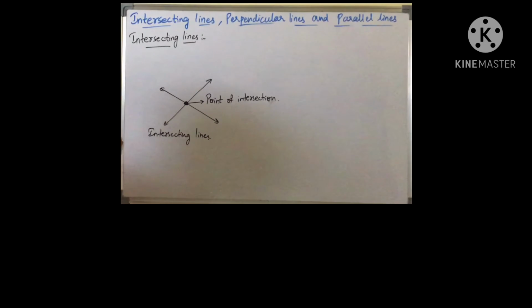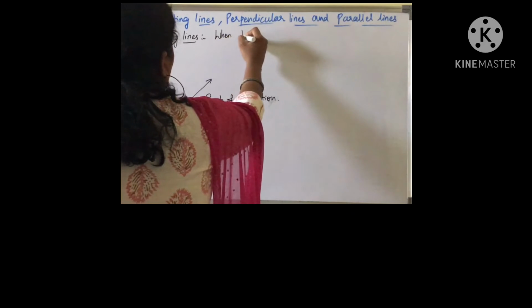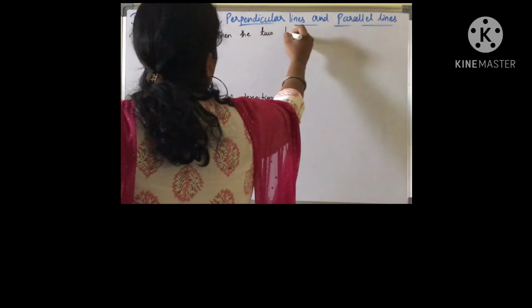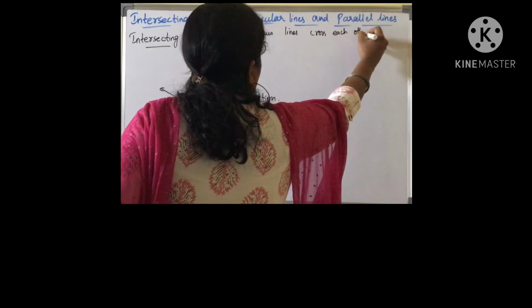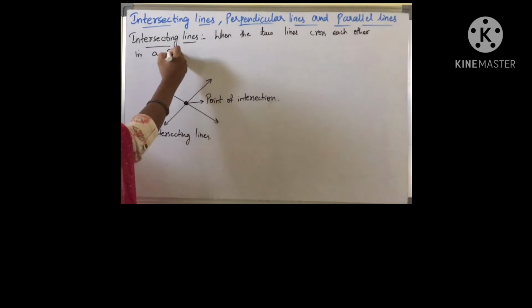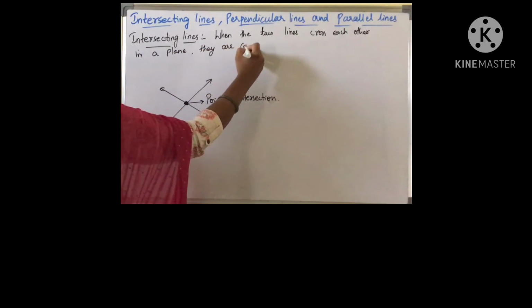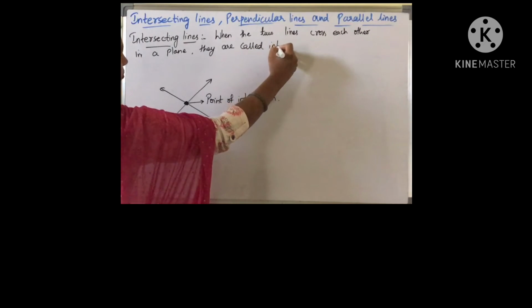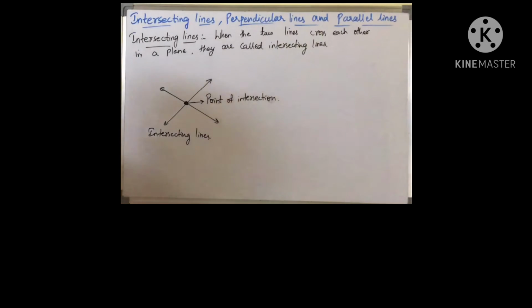Okay children, so coming to the definition, we can write when two lines cross each other in a plane, they are called intersecting lines.